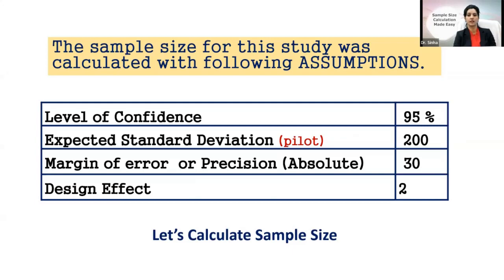So you can see the assumptions: expected standard deviation is 200, because it is the birth weight of newborns in grams, so 200 grams. The margin of error is 30 and the design effect is 2. The level of confidence is 95%.